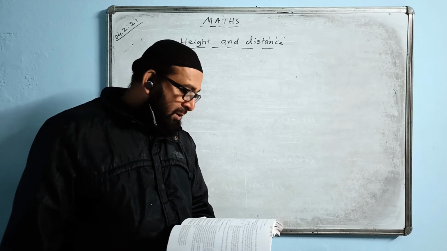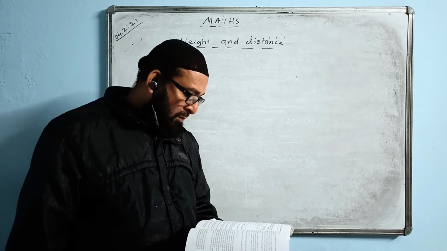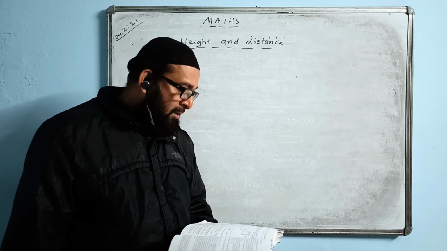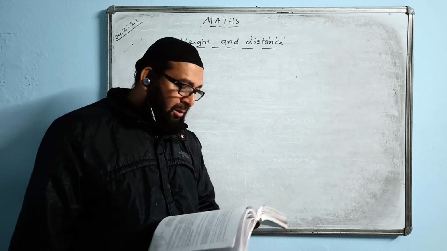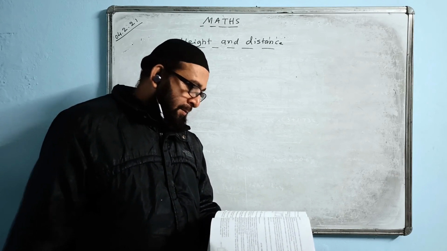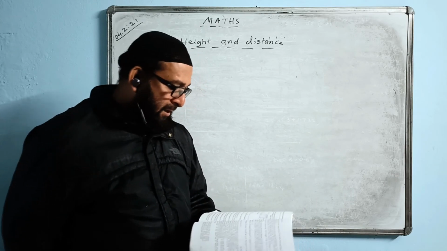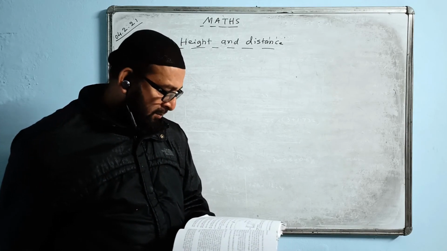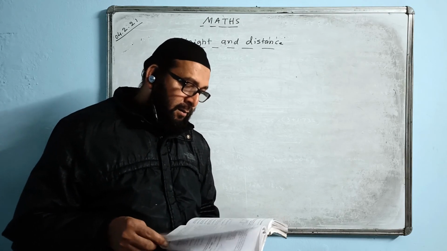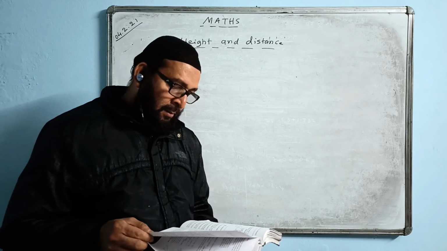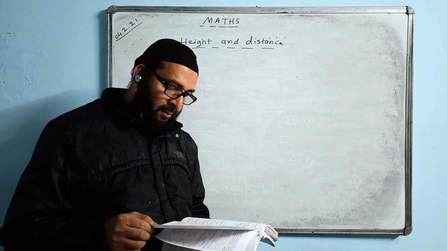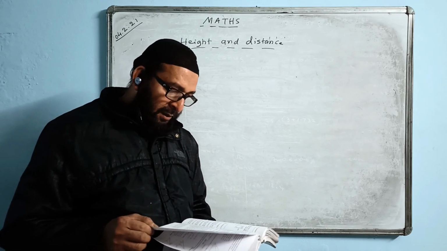Question number 1, exercise 22, number 1, 2. I have old book, but exercise 22, number 1, 2. Number 8. Number 9. 10, 16, 17, 18.